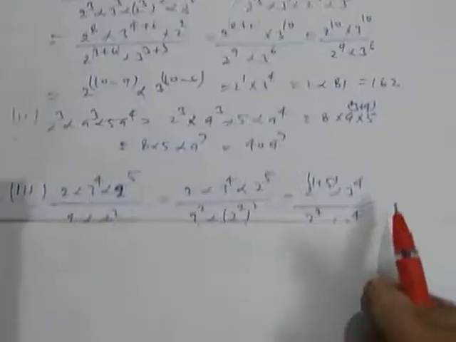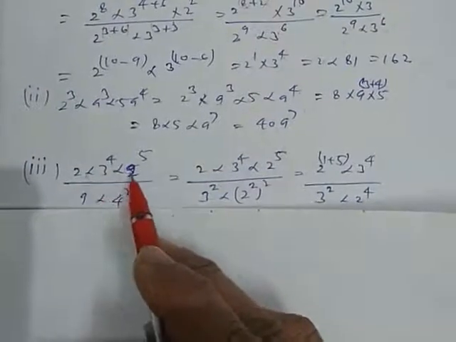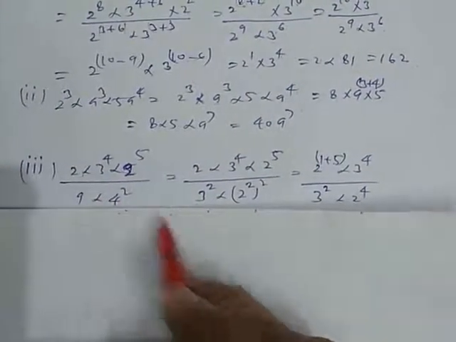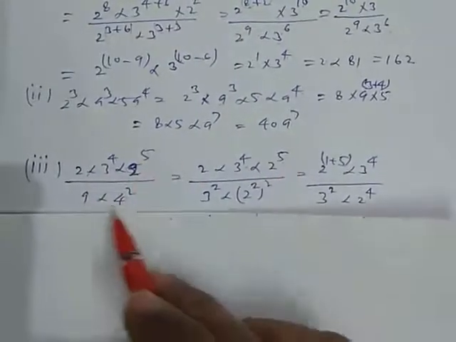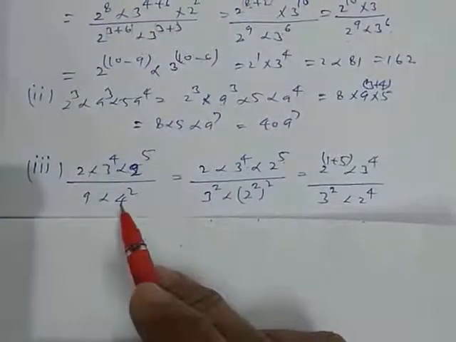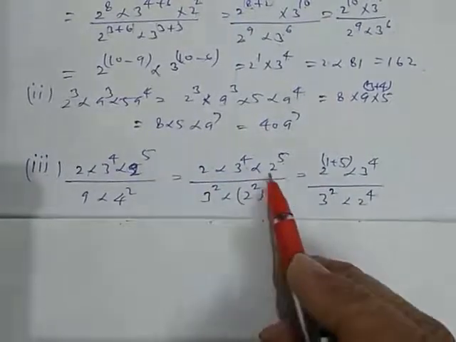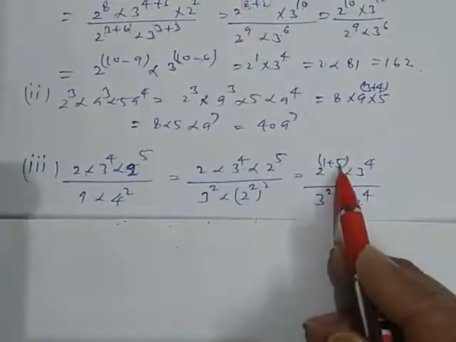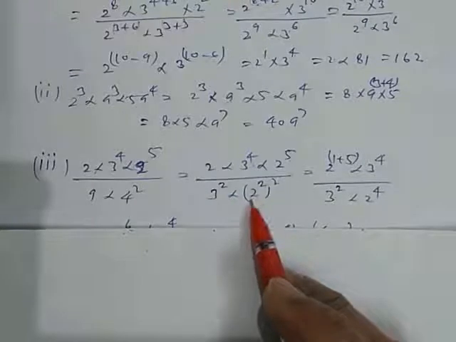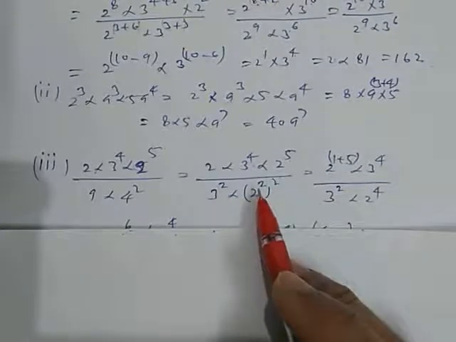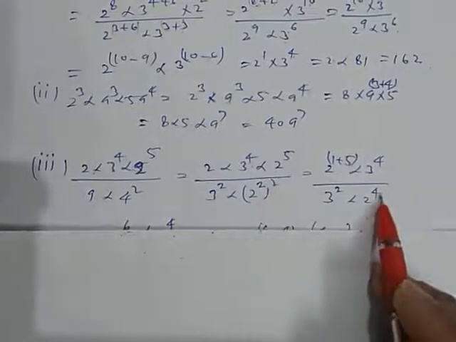Now we solve the third part. 2 into 3 raised to the power 4, 2 raised to the power 5 upon 9 into 4 square. 2, this 3 power 4, 2 raised to the power 5, 9 as 3 square, 4 as (2 square) whole power 2. Here the bases are the same, so they are adding, 1 plus 5, and this 3 raised to the power 4. Here 3 square, and this 2 raised to the power 2 whole 2. So this becomes 2 raised to the power 2 into 2, that is 4.